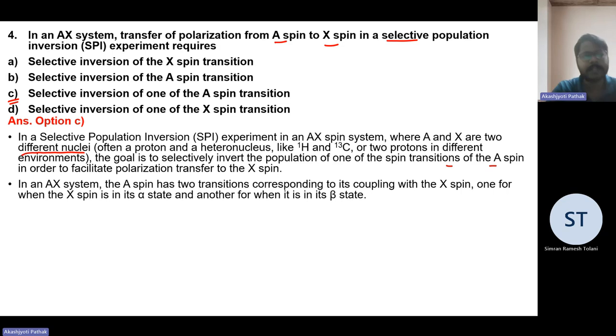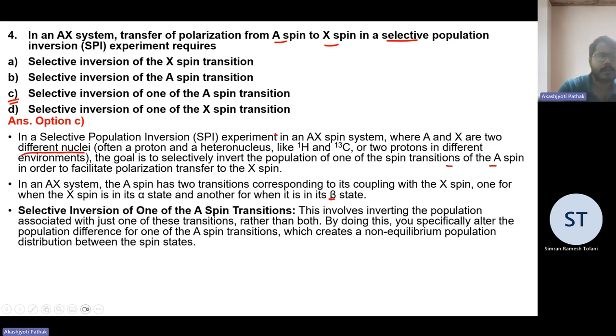So in an AX system, the A spin has 2 transitions corresponding to its coupling with the X spin: one when the X spin is in its alpha state, and another when it is in its beta state. We know that a nuclear spin has two energy states, alpha and beta. So what does selective inversion of one of the A spin transitions mean? It involves inverting the population associated with just one of these transitions, rather than both.